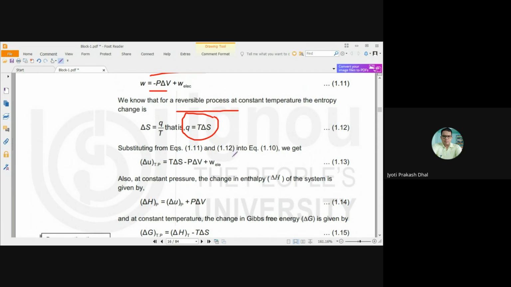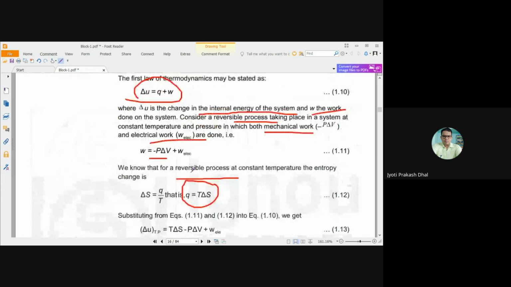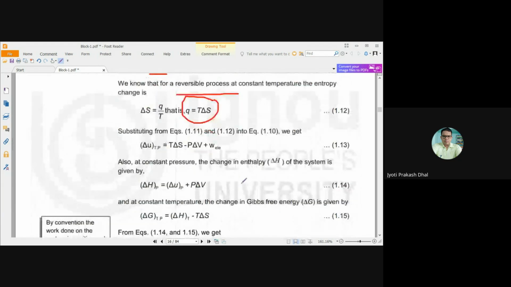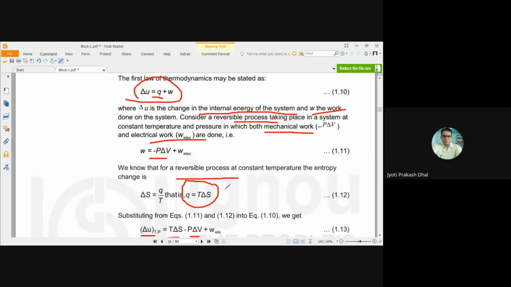Now substituting the value of Q here, in place of equation 1.10, we can write ΔU at constant temperature and pressure equals TΔS minus PΔV plus W electrical, because here it is the overall work, and the overall work contains both the mechanical work and electrical work.